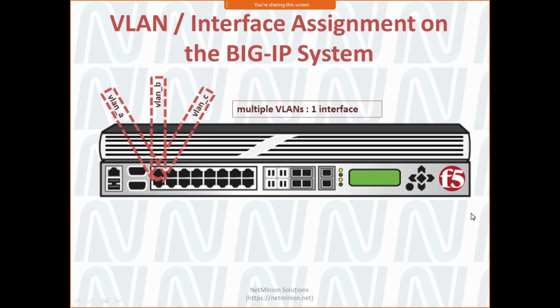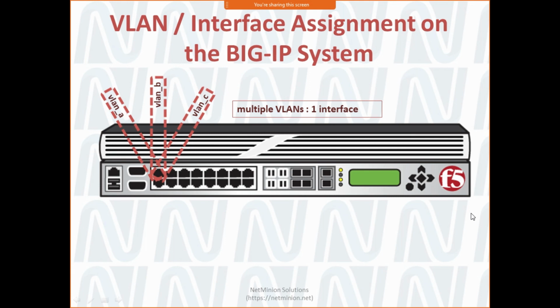So this limits the interface to accepting traffic only from the one VLAN you have chosen. If you are using untagged, you can say it is your Cisco access port.